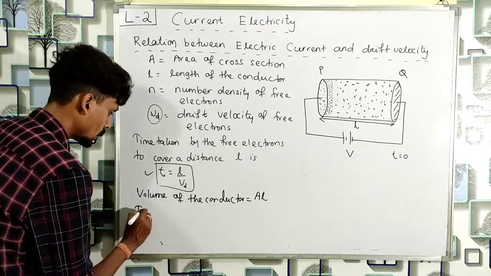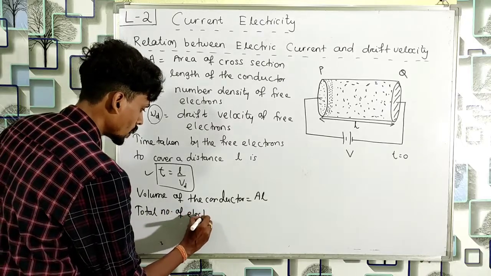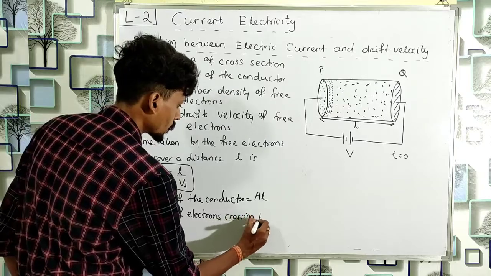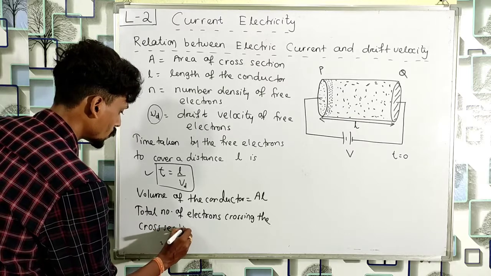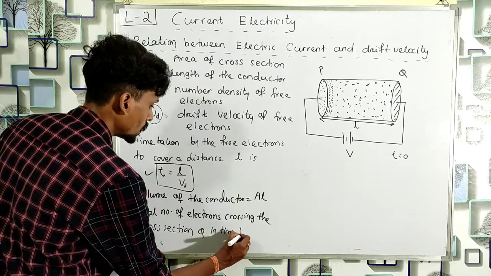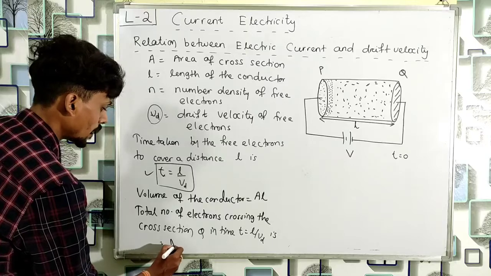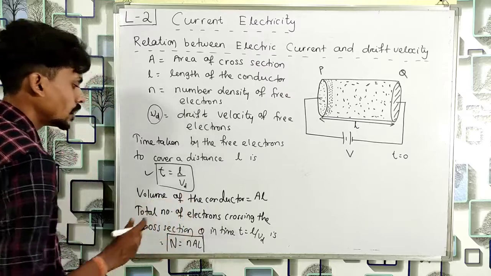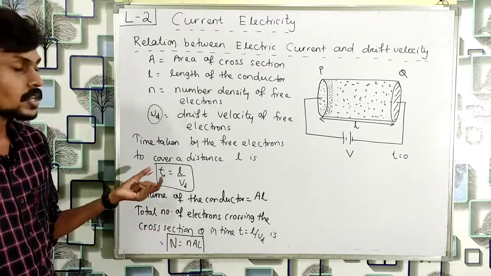So the total number of electrons crossing the cross section Q in time t equal to L by Vd is capital N equal to small n into AL. This is the total number of free electrons crossing the cross section Q in this amount of time.